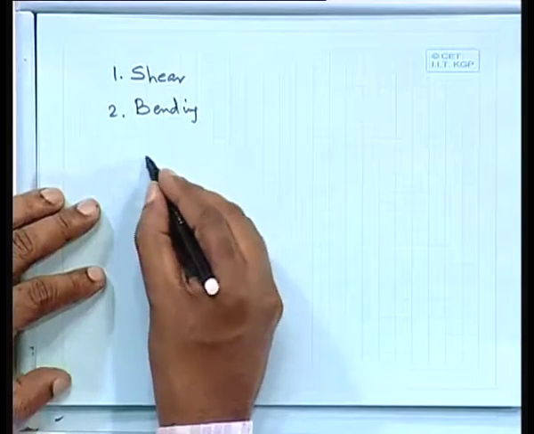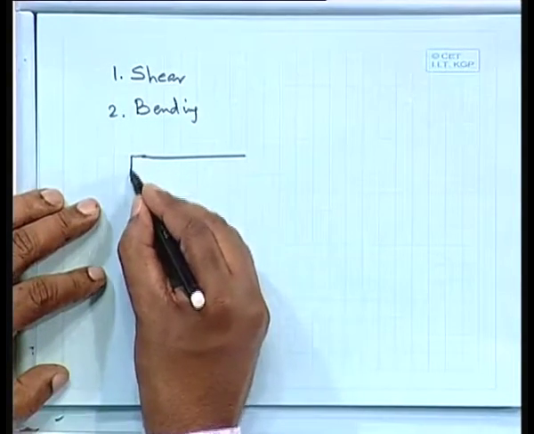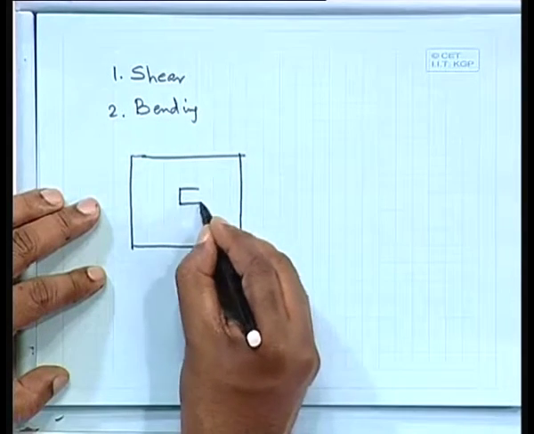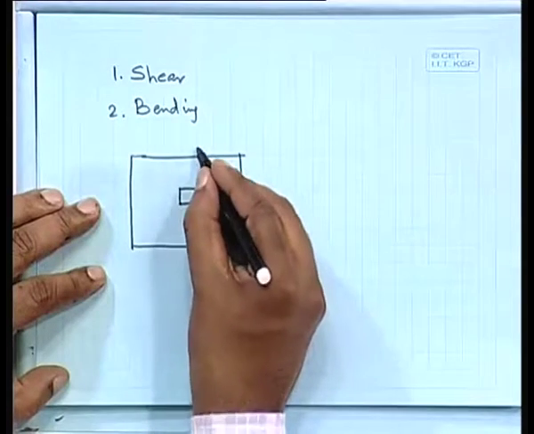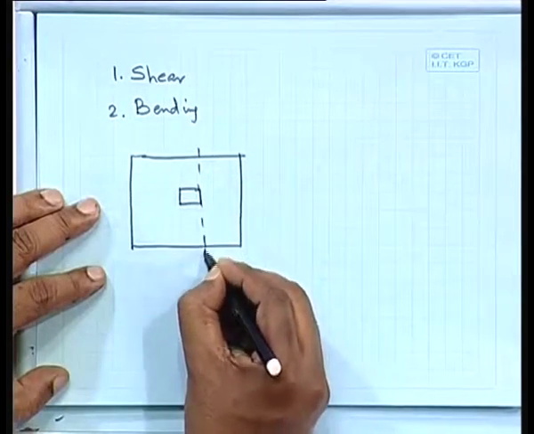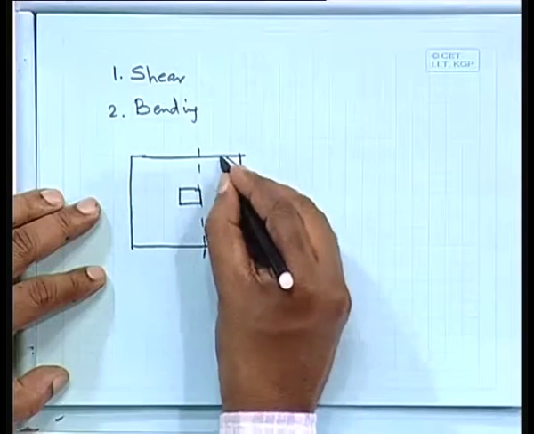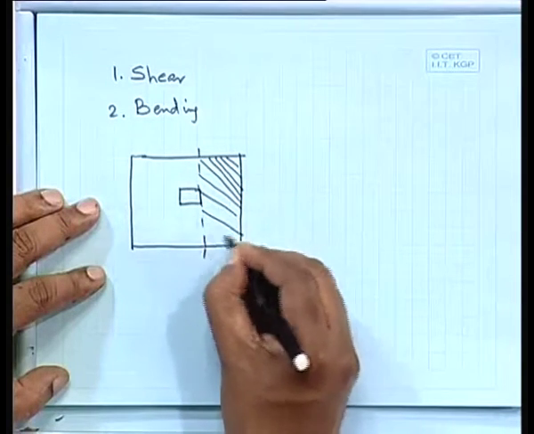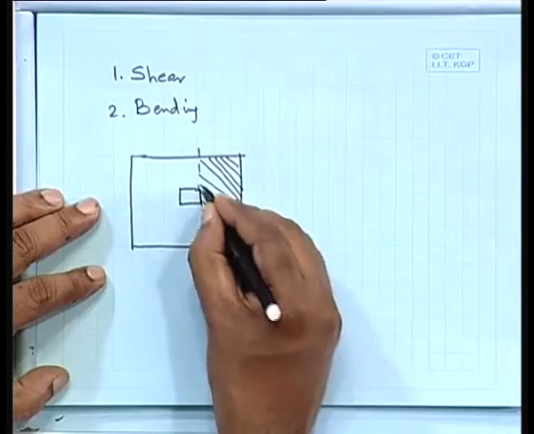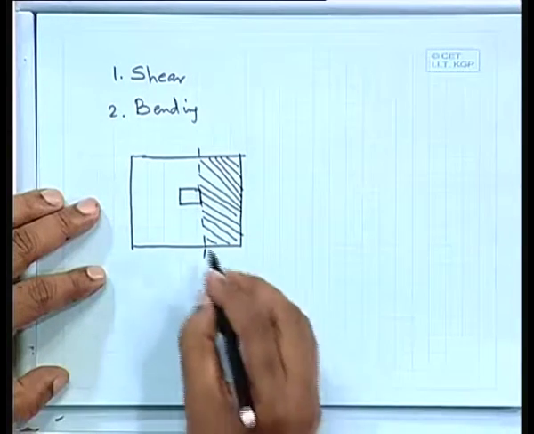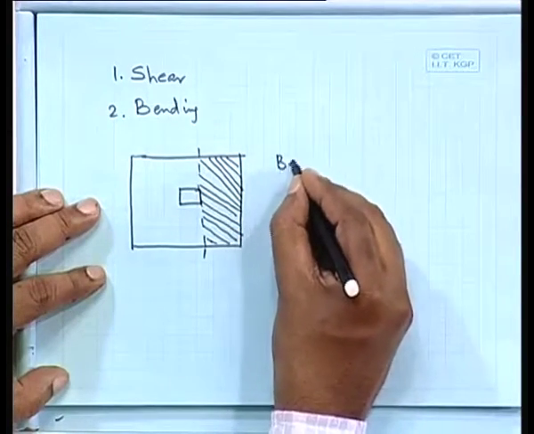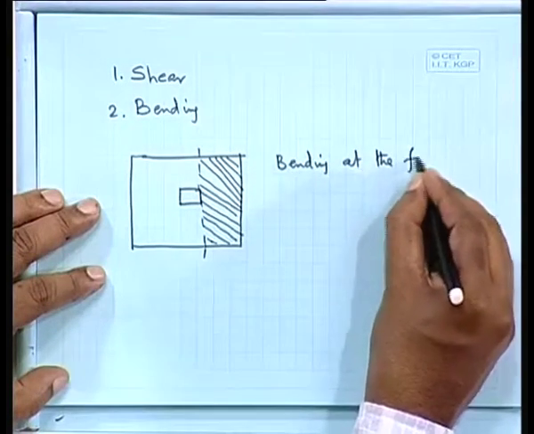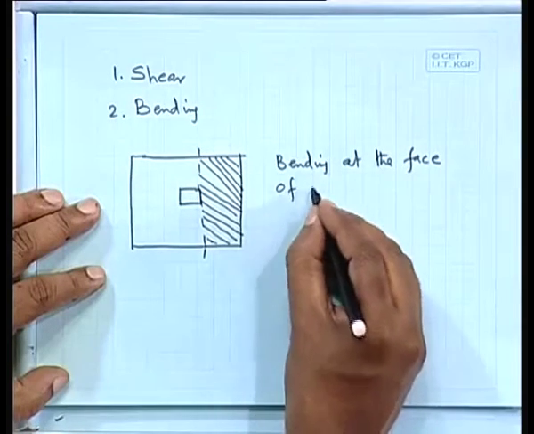The bending, we consider, say if this is the plan of the footing, at the face of the column.